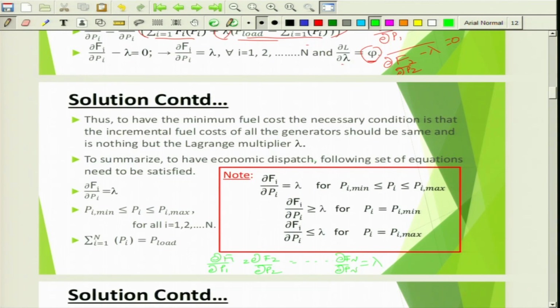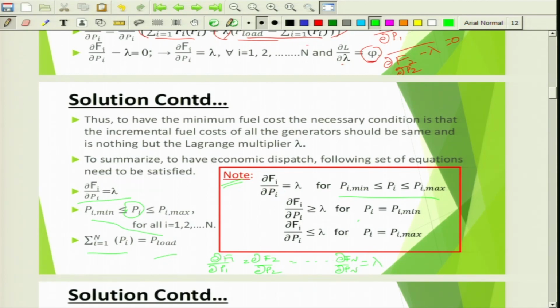Now to summarize, for economic dispatch the following set of equations need to be satisfied. Dou F by dou Pi is equal to lambda, the generation should be within the range of Pi minimum and Pi maximum for all the generators, and the summation of generation is equal to load. This note is very important. Within the range of Pi minimum to Pi maximum, dou F by dou Pi is equal to lambda for all the generators.